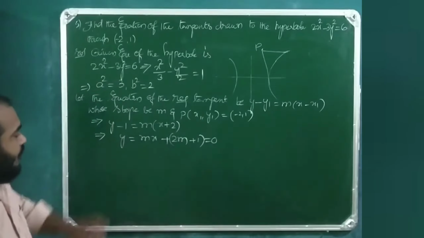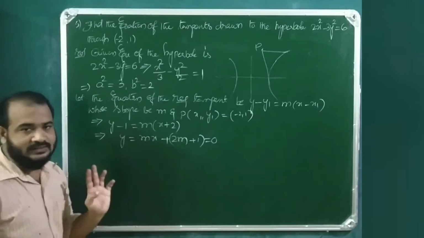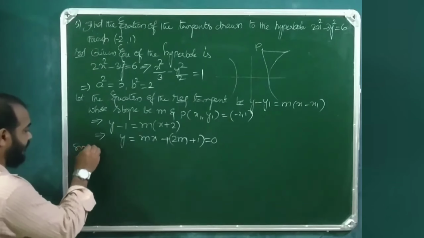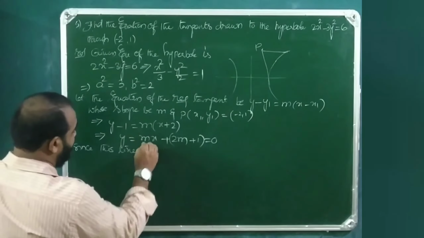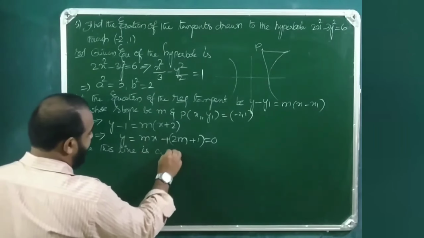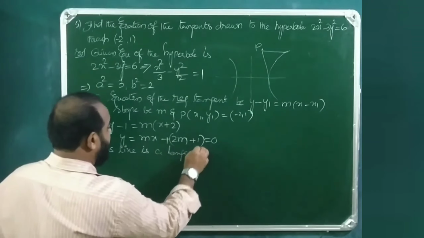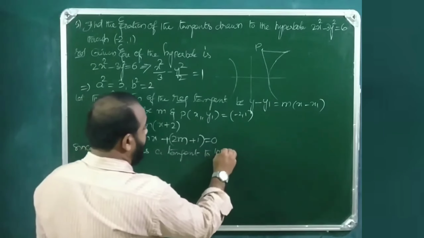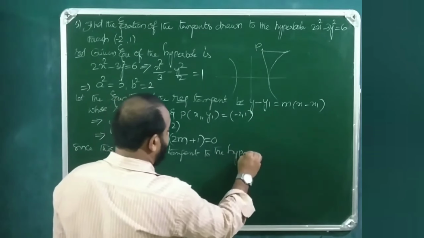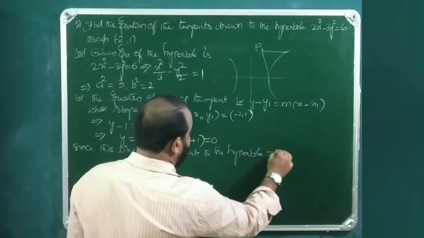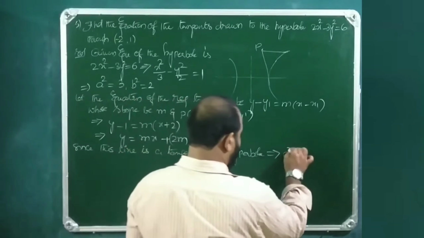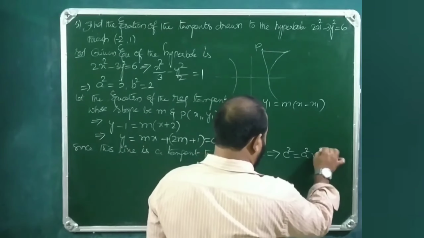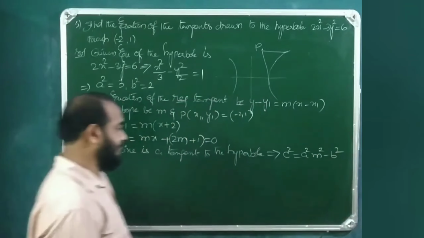So this is clearly of the form y equals mx plus c. Since this line is a tangent to the hyperbola, the condition for tangency is c² equals a²m² minus b².